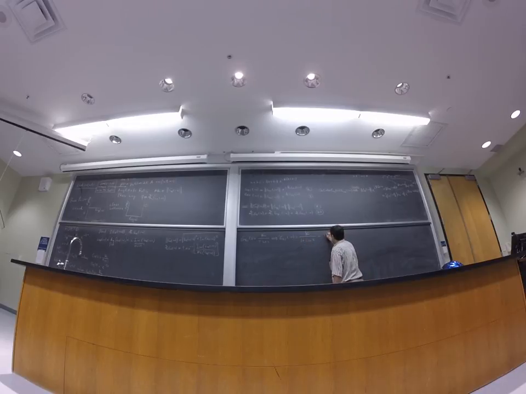So I'm rewriting this as K over 1 plus iωτ times 1 minus iωτ over 1 minus iωτ. Okay? And if you multiply something with its complex conjugate, the product of the two is real.